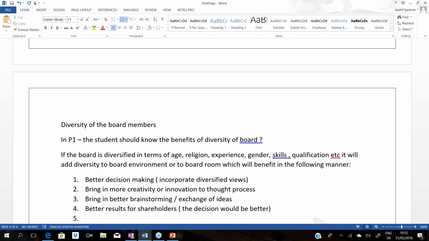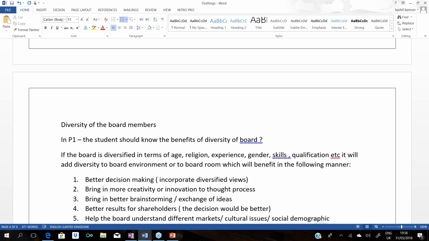It would help the board understand different markets, different cultural issues, different social demographics. Because if it is a multinational company like Unilever, which sells products in so many countries, they should know the demographics of Pakistan.